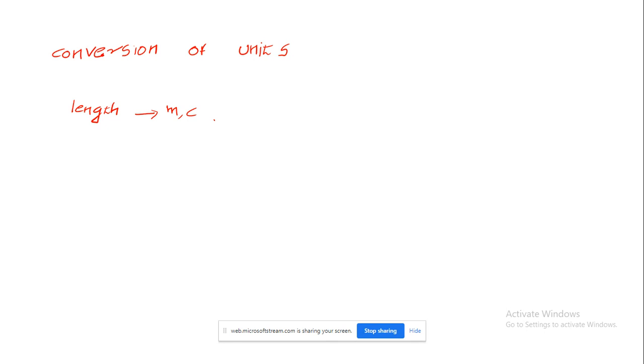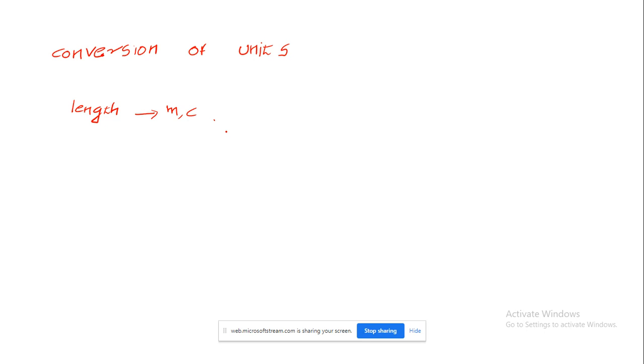For example, you will be given in centimeter or millimeter or something like that. But as you know, the SI unit of length is meter, you always want the quantity to be written in SI units.